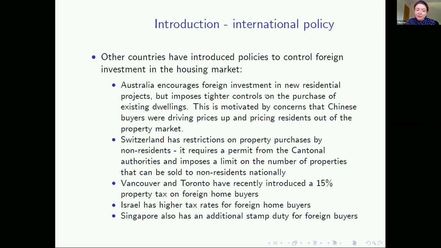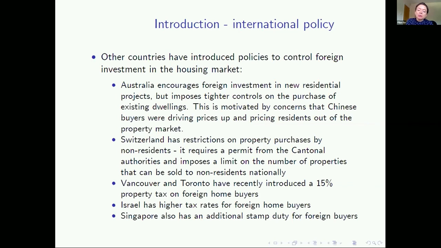There are other countries that have also looked at this issue and have introduced policies to control foreign investment in the housing market. Australia, for example, encourages foreign investment in new residential projects, but imposes tighter controls on the purchase of existing dwellings. This is motivated by concerns that Chinese buyers were driving up prices in the Australian market.